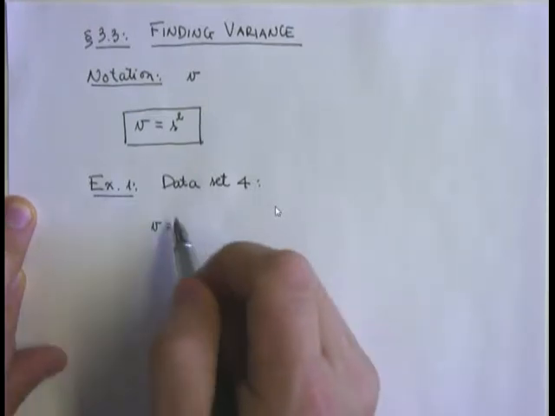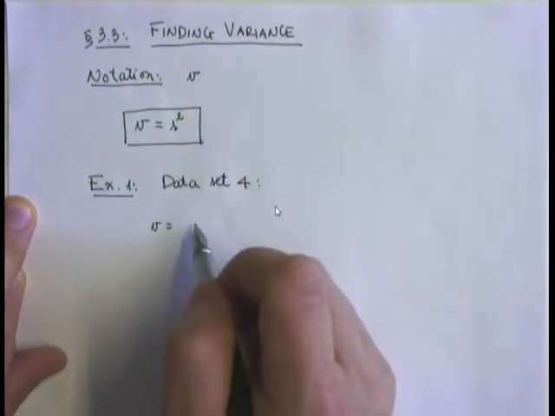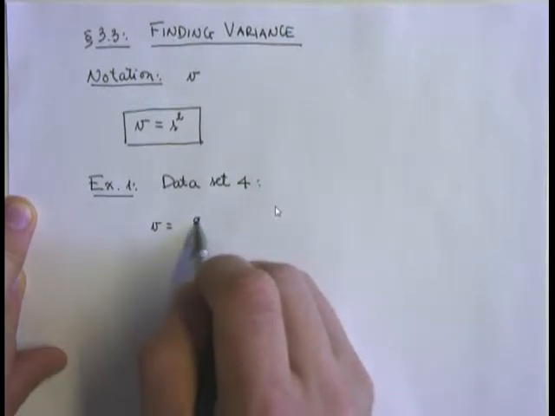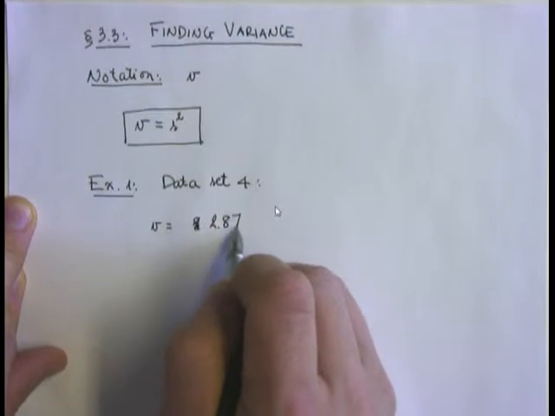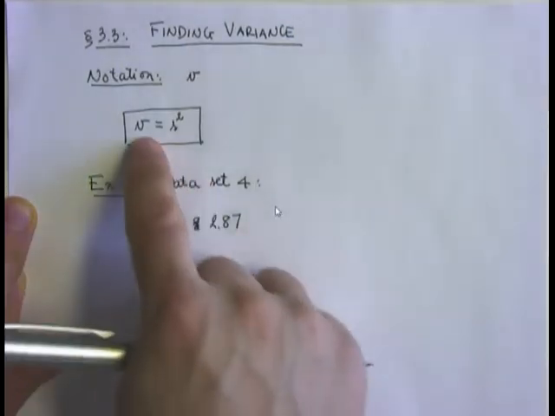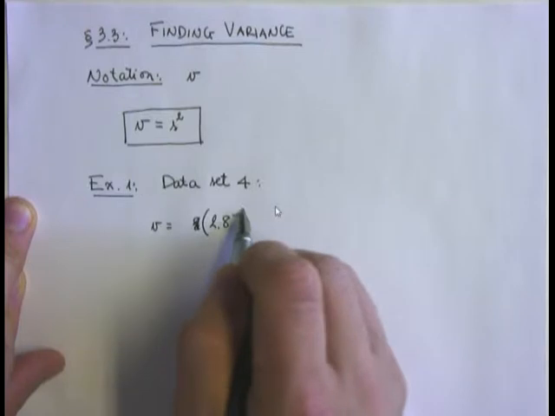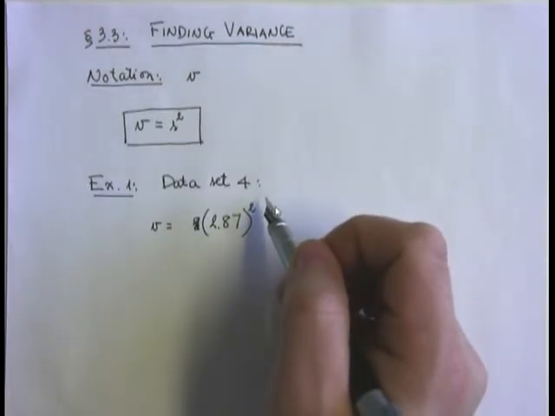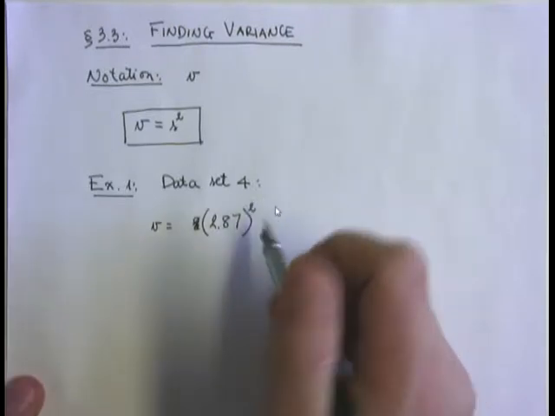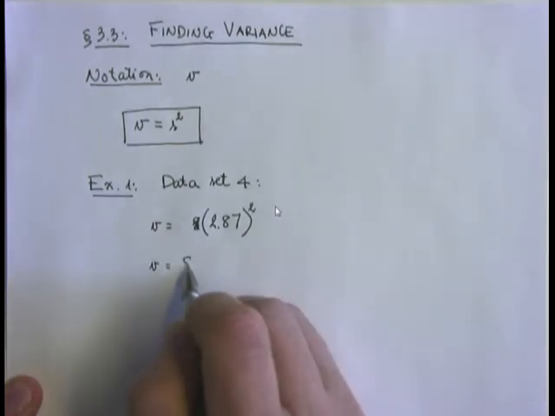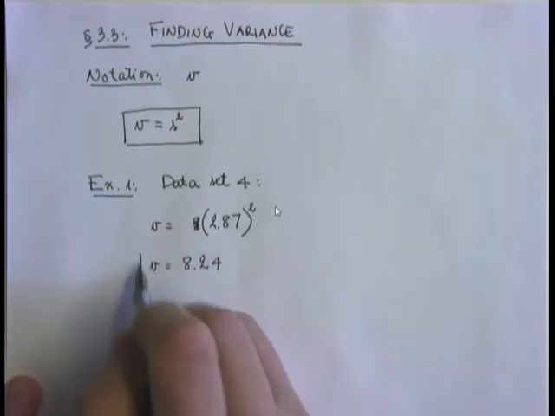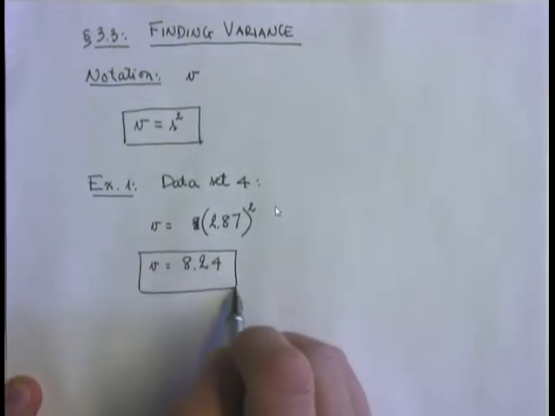So to find variance, the standard deviation we found in the other video was 2.87. So we just simply square that quantity, 2.87, and that gives me variance equals 8.24, rounding to 2 decimal places. So that's how we find the variance.